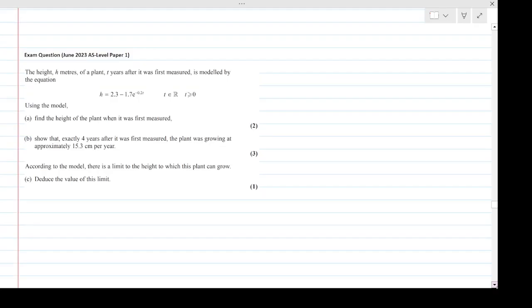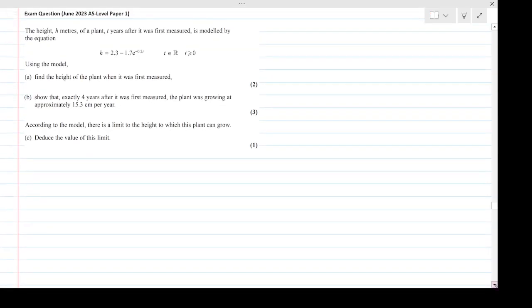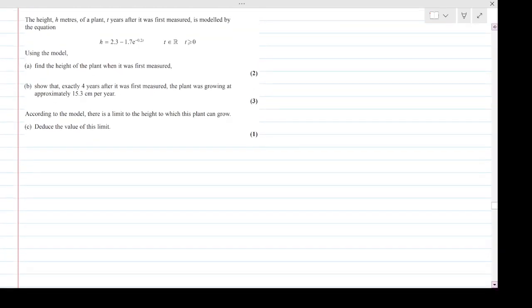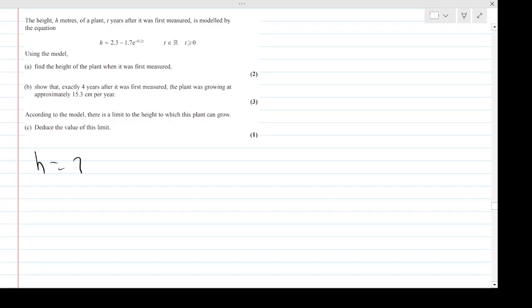So I've got this question here. We're told the height of a plant is h equals 2.3 take away 1.7 e to the negative 0.2t. First of all, we need to find the height of the plant when it's first measured. It's a very formulaic way they ask.